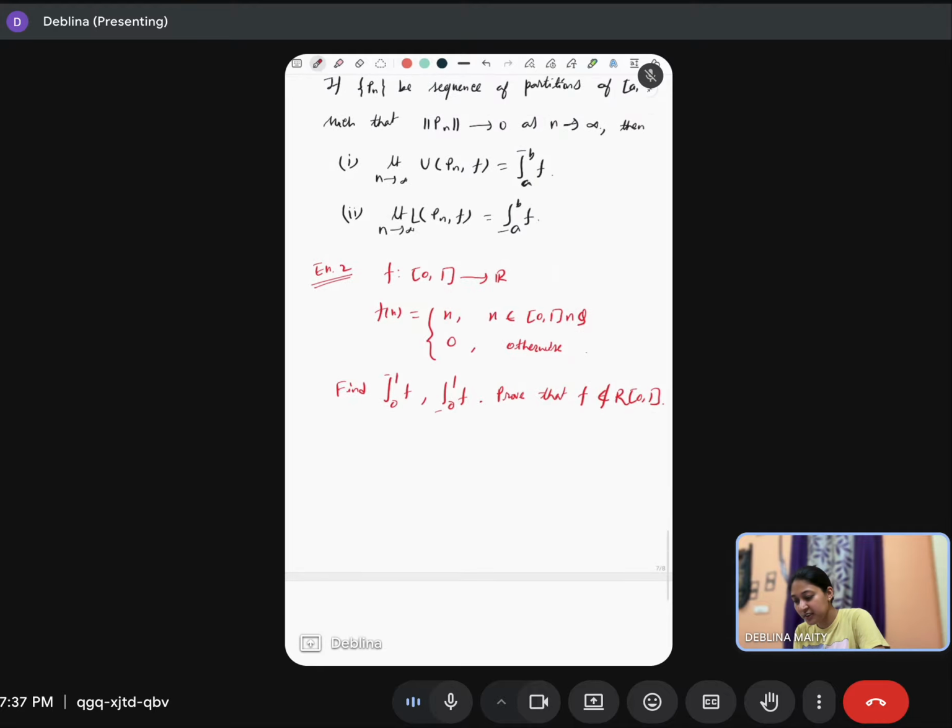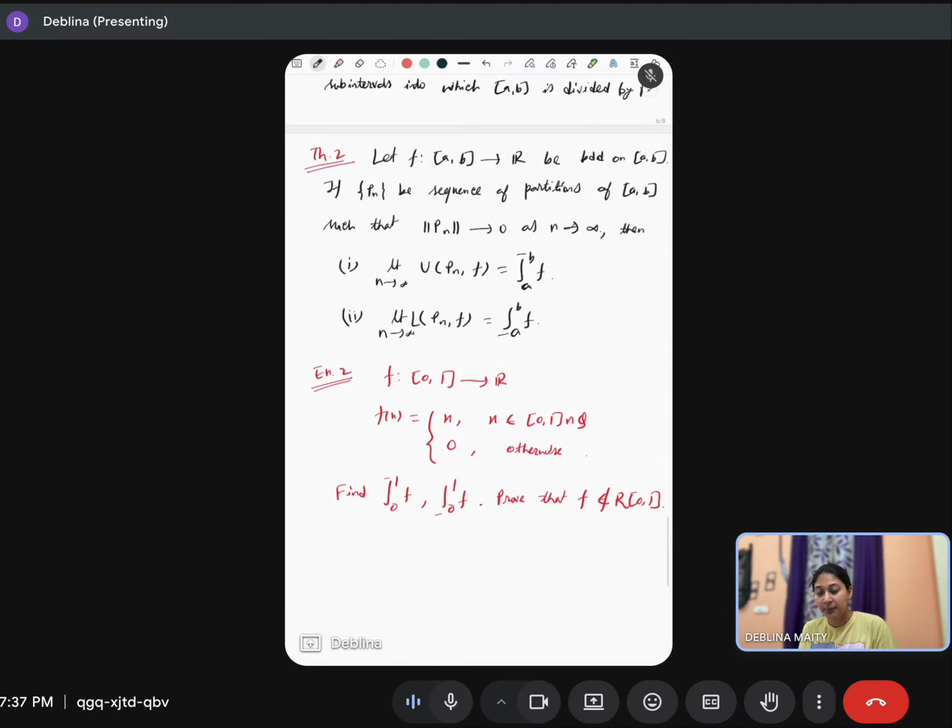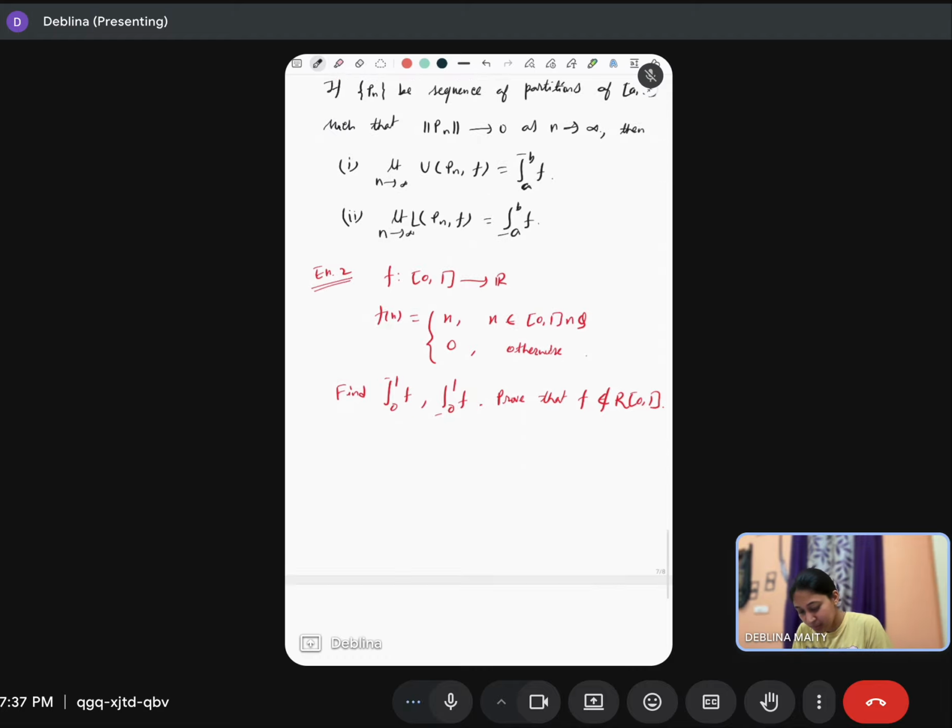Now to prove this, first we will take a sequence of partitions. So we'll apply theorem 2 here. To apply theorem 2, we have to take a sequence of partitions, right? So we'll choose this sequence of partitions, Pn equals 0, 1 by n to n by n, right?